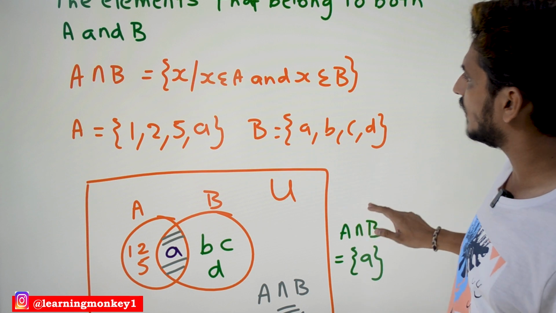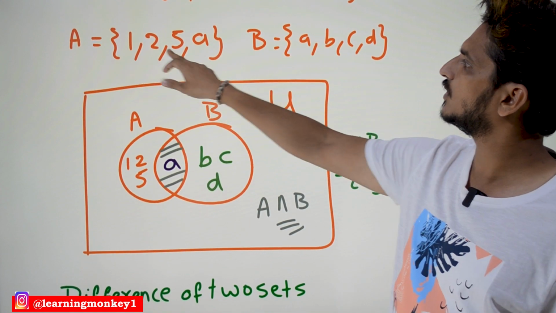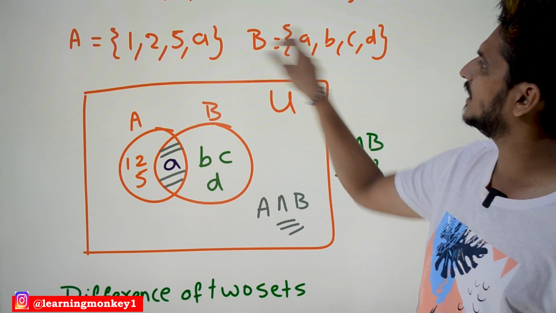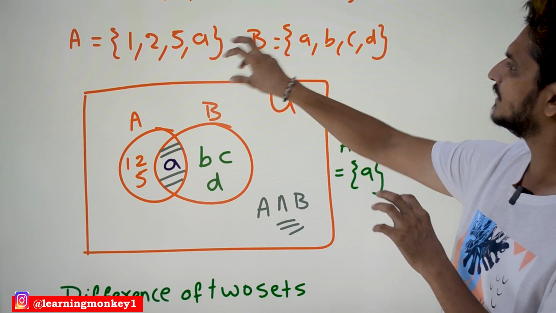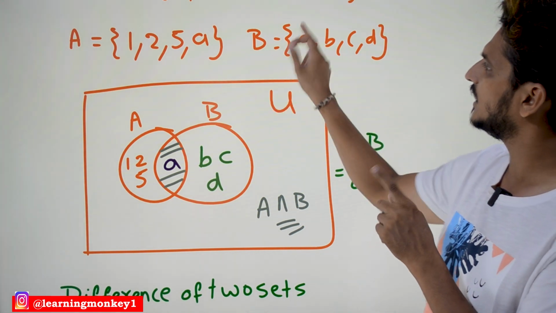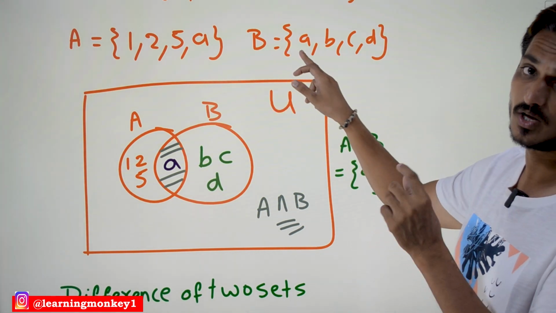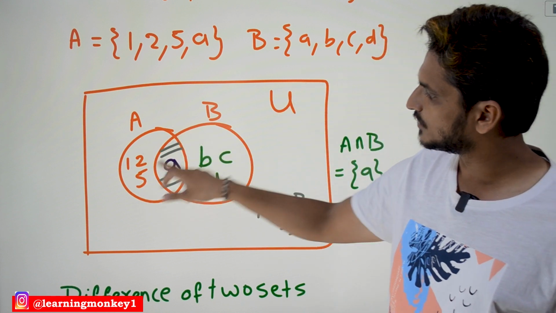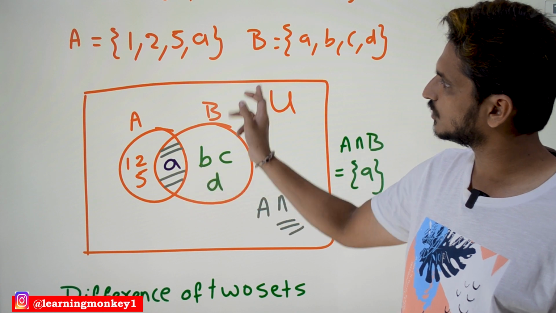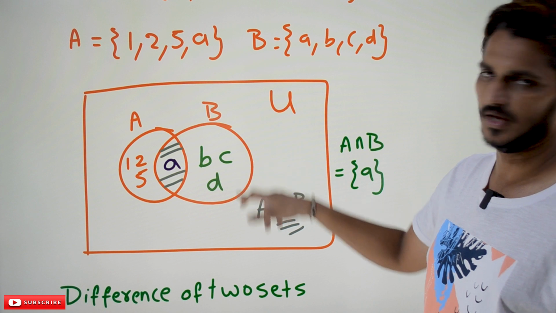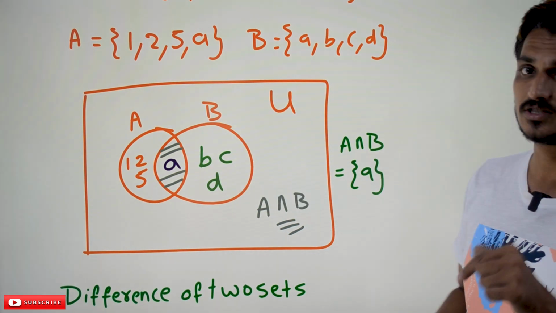If you want to show it in Venn diagram form, A is {1, 2, 5, a, b} and B is {a, b, c, d}. What is the common element? a, b. If you pick any element from the set, it should belong to A and it should belong to B. That is what we call A intersection B. In Venn diagram form, this is how we represent it: 1, 2, 5 belong to A only, a, b belong to both sets, that's why it's the common area, and c, d belong to set B. So what is A intersection B?